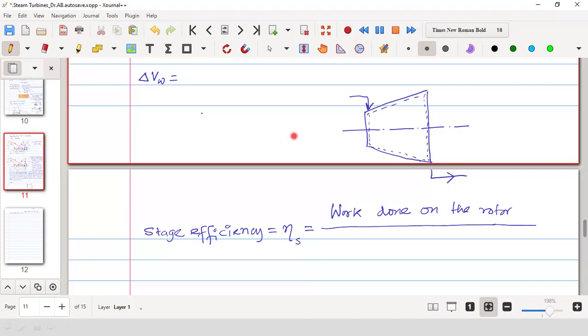Therefore, if you simply consider the energy balance, the first law, it says that total energy in is equal to total energy out, right? So for a steady flow system, total energy in must be equal to total energy out.